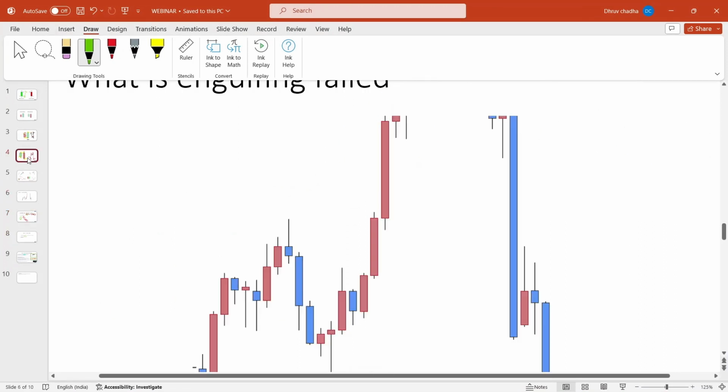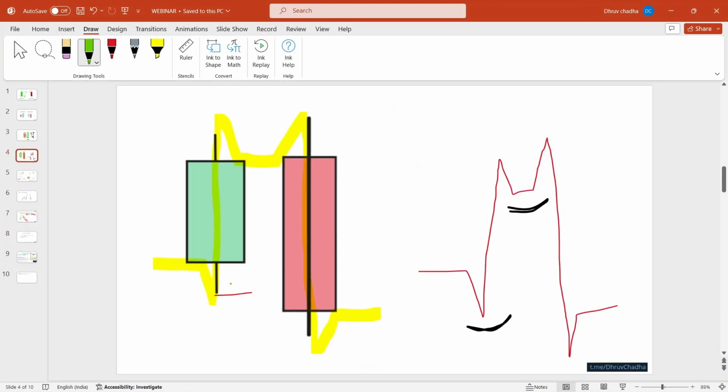Okay, here's the example of a perfect Quasimodo engulfing pattern. So the high is being taken and the low is being taken, so it's being engulfed by the next candlestick, right? The important thing to keep in mind is that the next candle high should be higher than the previous candle high.